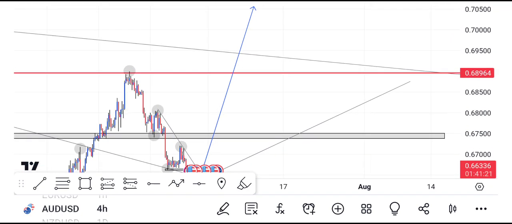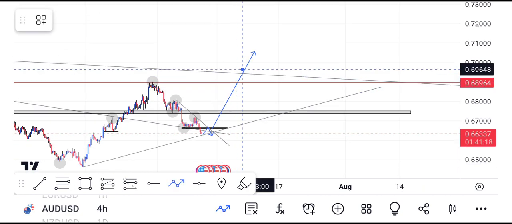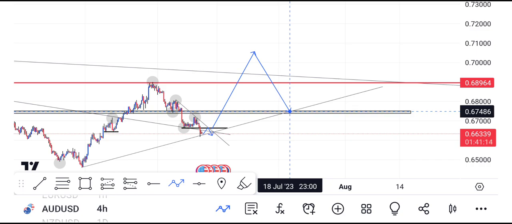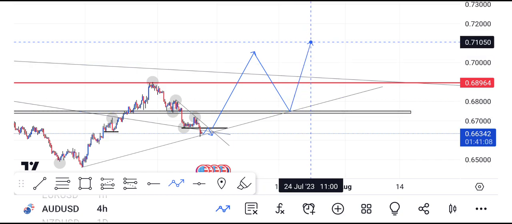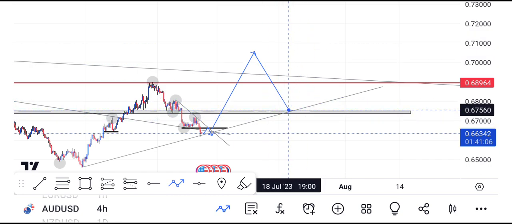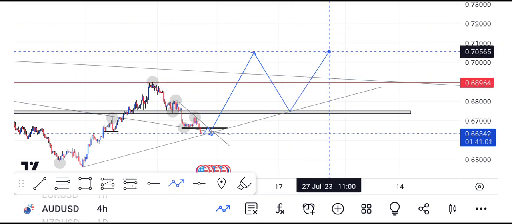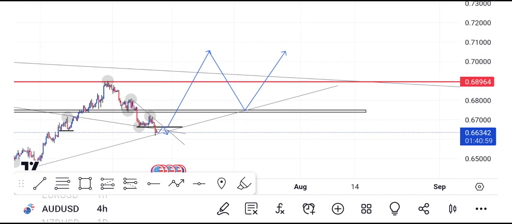I will wait for price to come back down, retest the support and the supporting trend line, give us candlestick confirmation over here, and then we're aiming for the next high.